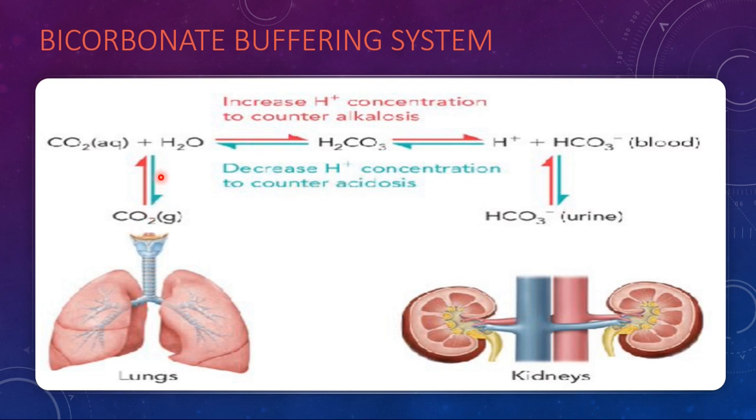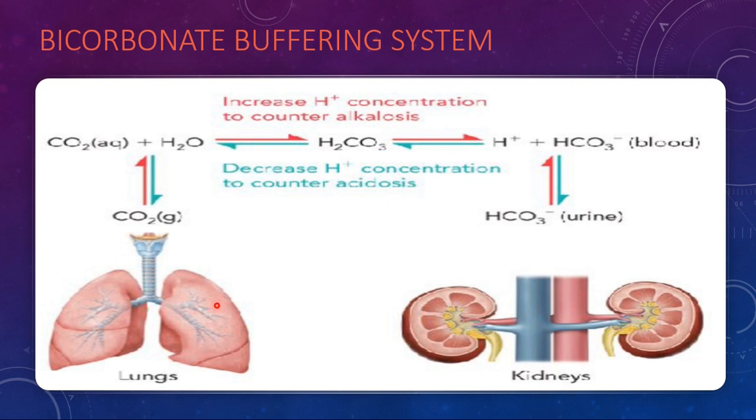So here you can see carbon dioxide. This is going to take the protons, and that is going to be taken by the lungs, and it is being thrown out. And here the red indicates increased proton concentration. That means more protons are being released, and it is taken by this one, and the bicarbonate ions are being thrown out by the kidneys.